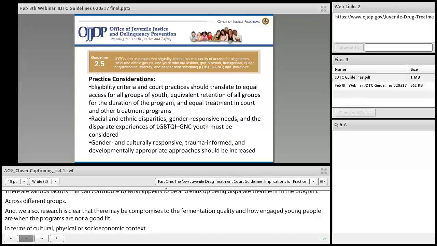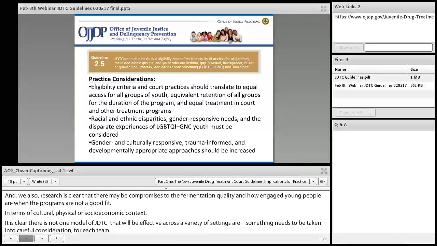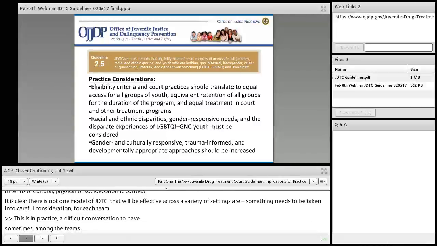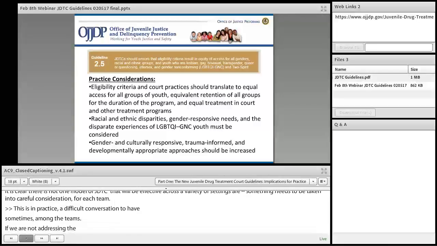This is, in practice, a difficult conversation to have sometimes among the teams. If we are not addressing the racial and ethnic disparity, gender responsiveness needs, and disparate experiences of youth with different orientations, we are not serving them well.